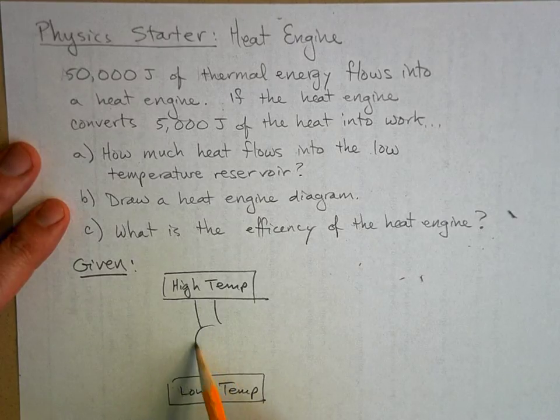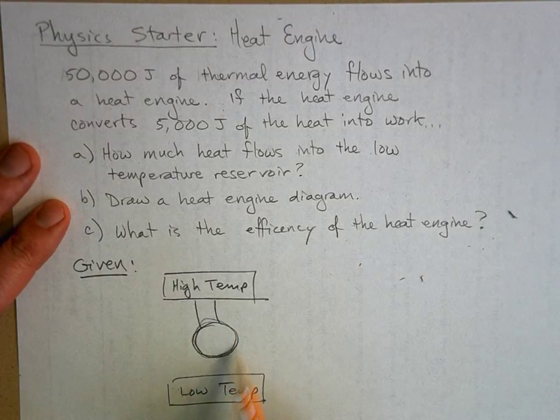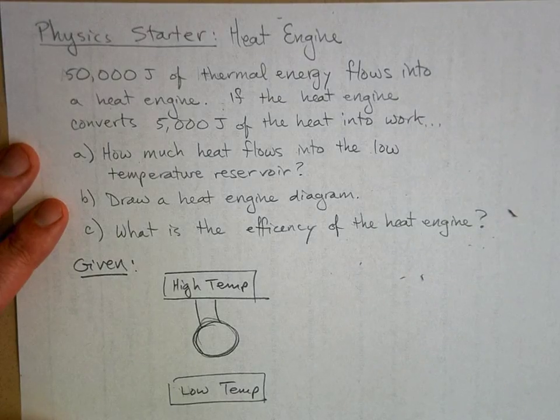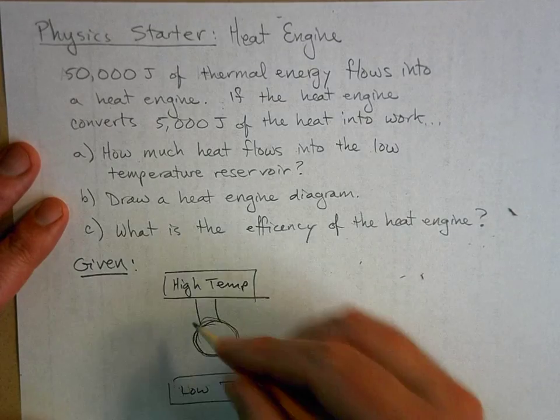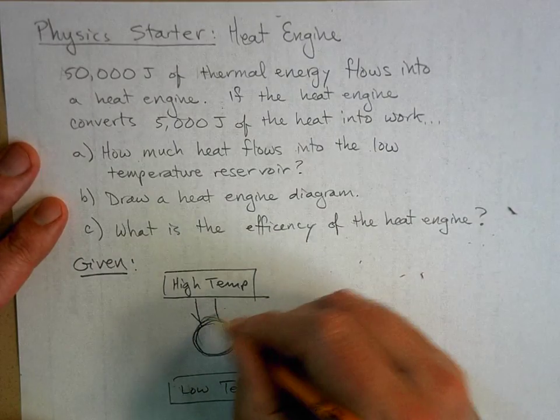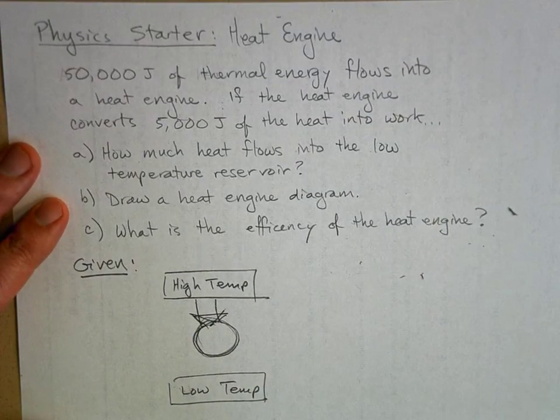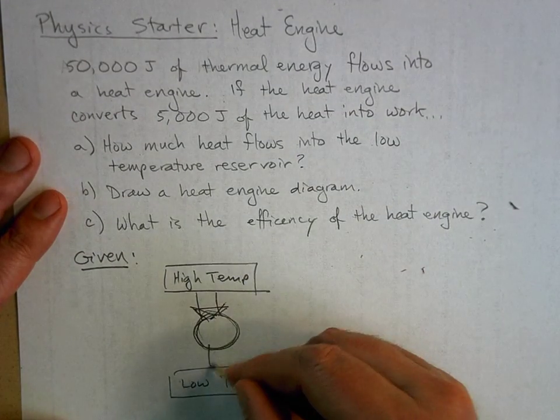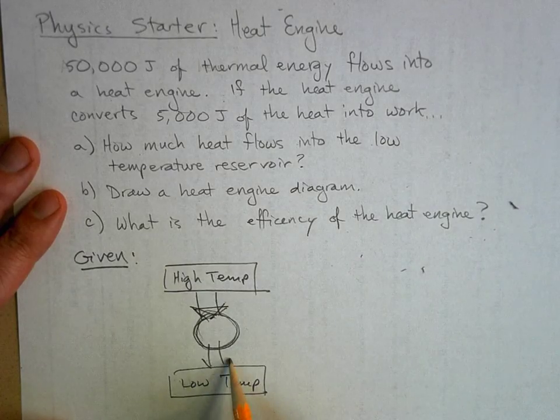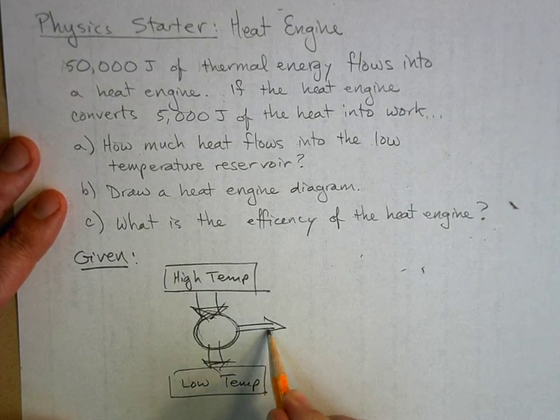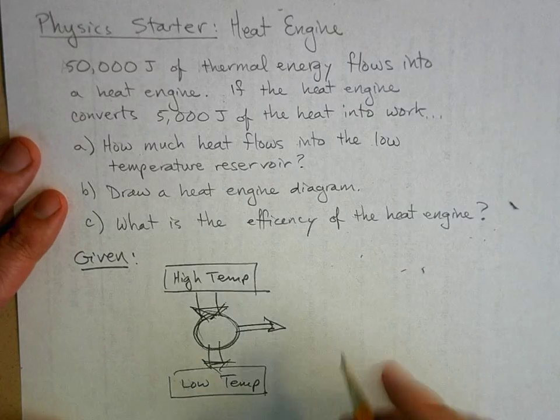And then you've got some kind of piston system here. This represents the heat that flows into the heat engine. And then heat flows out of the heat engine into the low temperature reservoir, but some of the heat is actually converted into work.